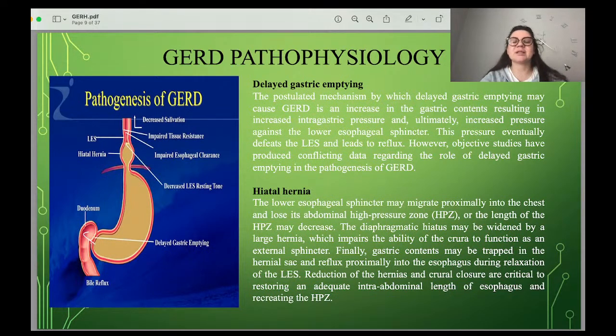Finally, gastric contents may be trapped in the hernial sac and reflux proximally into the esophagus during relaxation of the lower esophageal sphincter. Reduction of the hernias and crural closure are critical to restoring an adequate intra-abdominal length of esophagus and recreating the high-pressure zone.